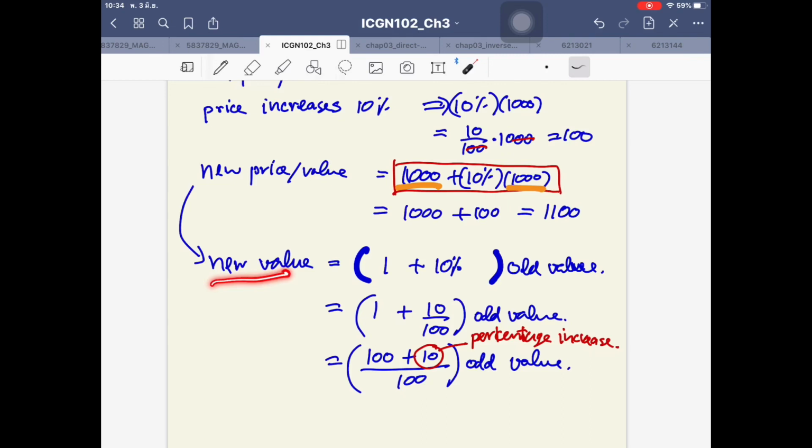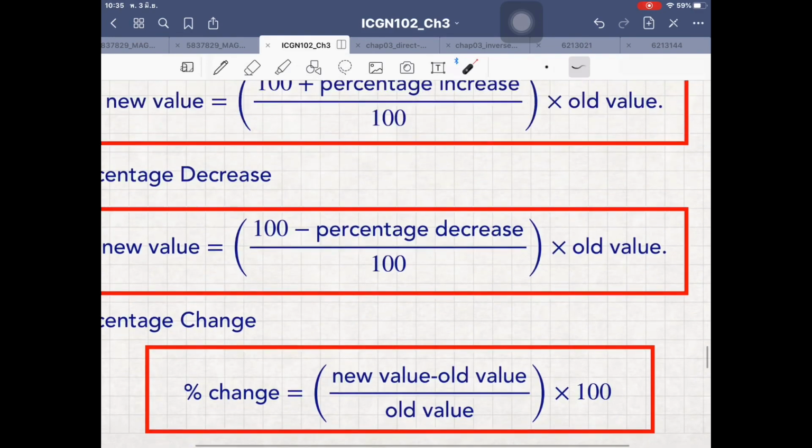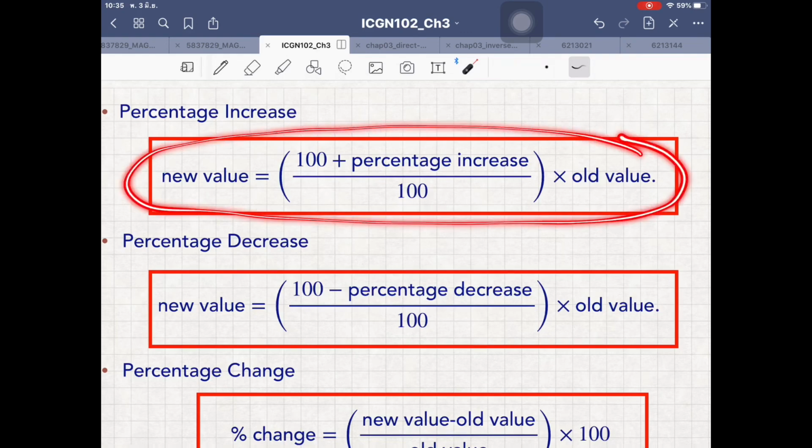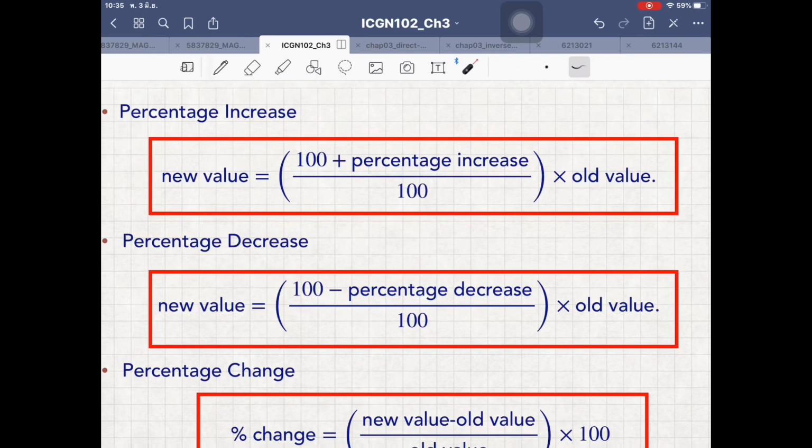The new value is equal to 100 plus the percentage increase, divided by 100, then multiplied with the old value. This is the formula.